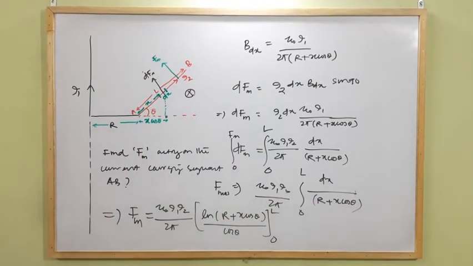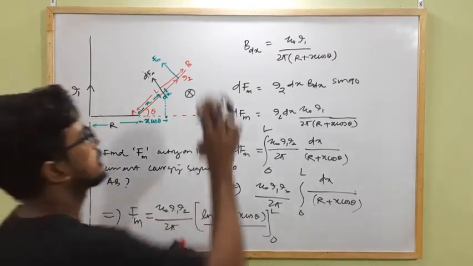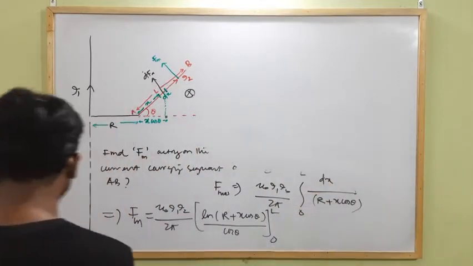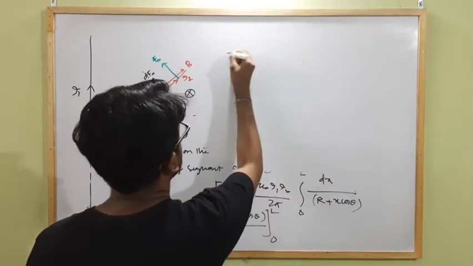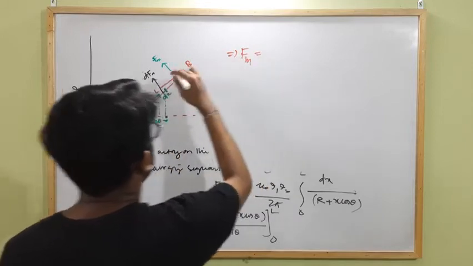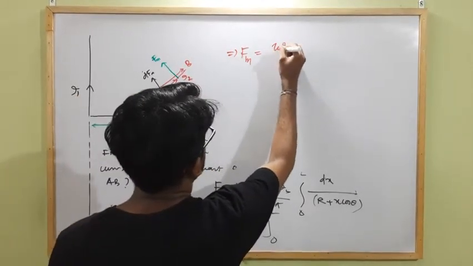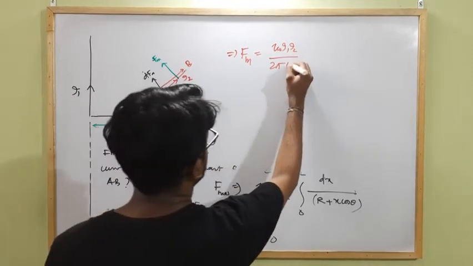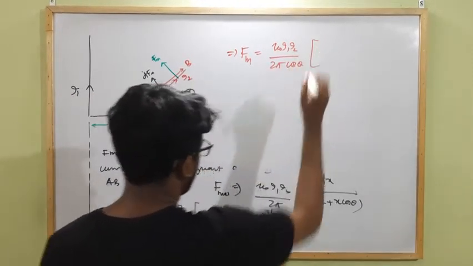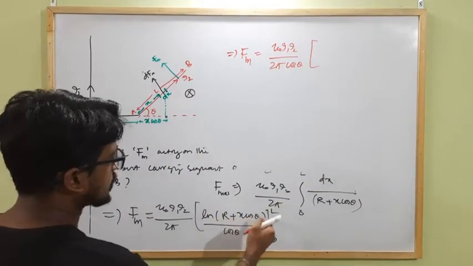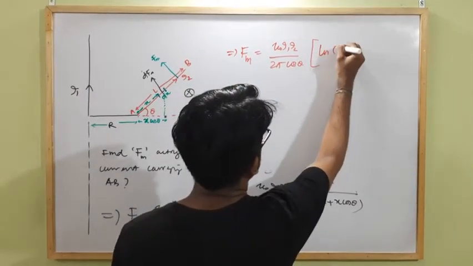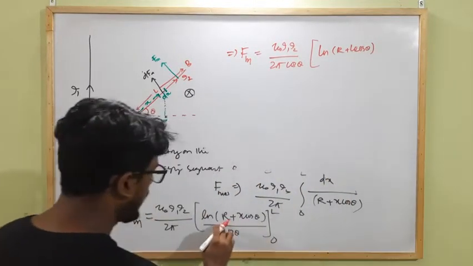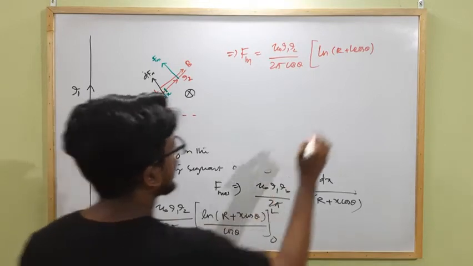Now putting the limits, what will we get? The net magnetic force will be mu naught I1 I2 divided by 2 pi, taking cos theta out of the bracket, cos theta within the bracket: upper limit it will be ln of r plus L cos theta, minus ln of r, since putting x equal to 0 gives ln r.